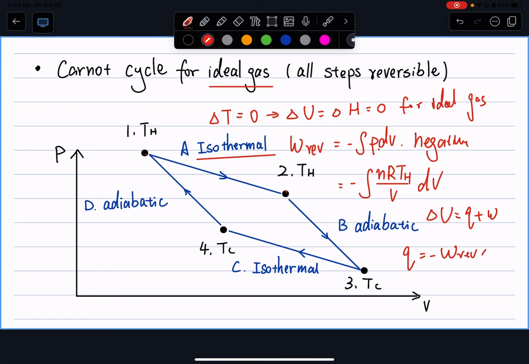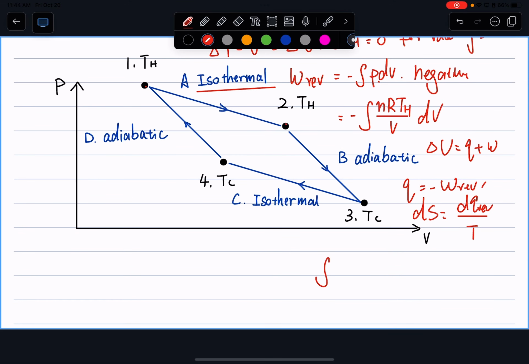All right. And for entropy, we have the definition of dS equals dQ_rev over T. Now for the first isothermal process, if we take the integral on both ends, T is isothermal, so it's always at T_H.